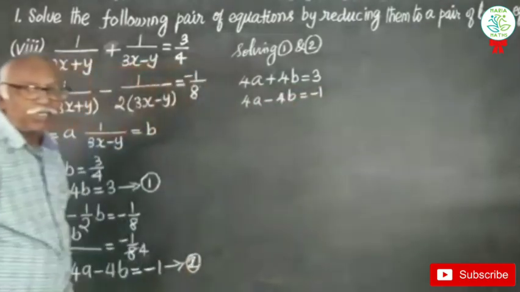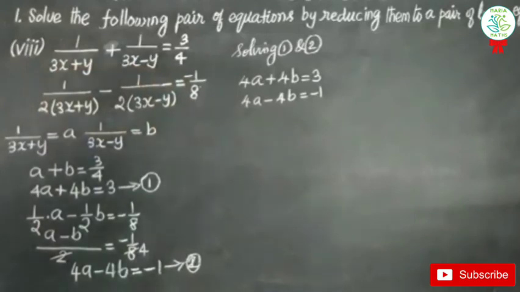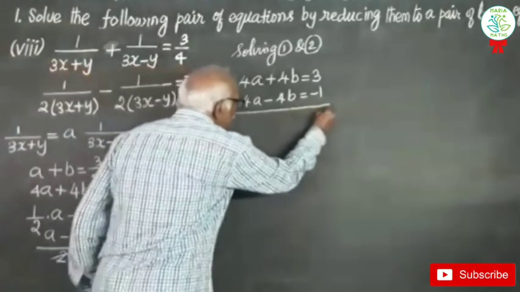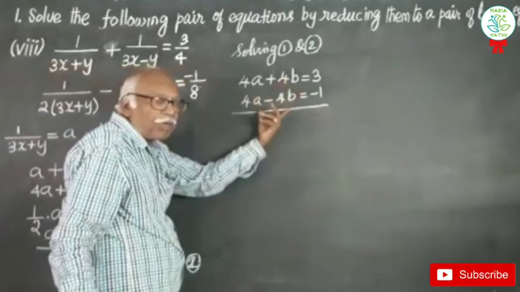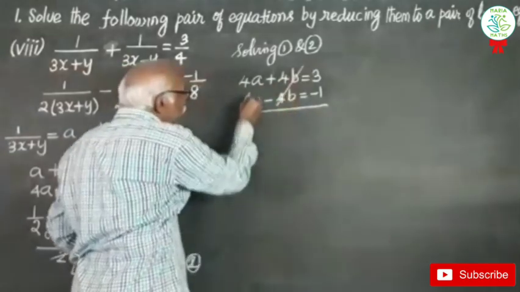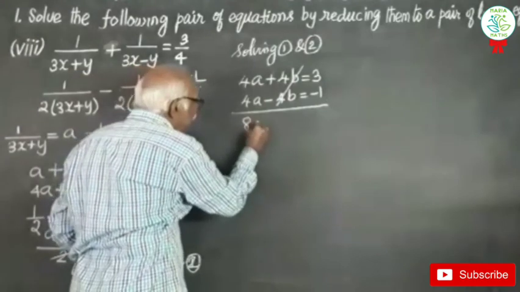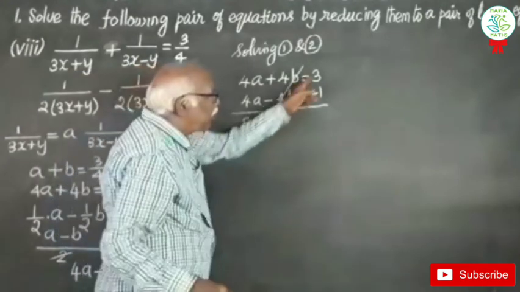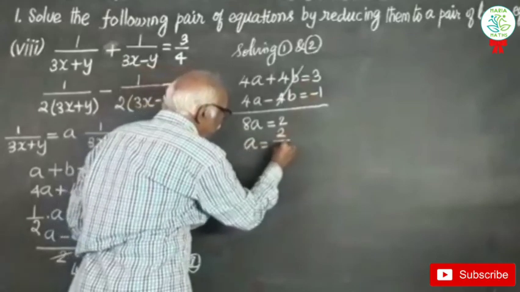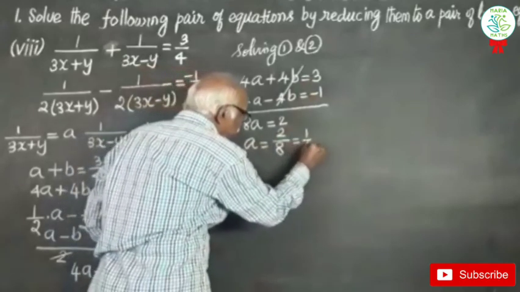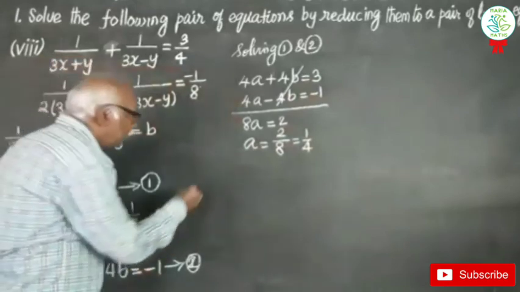Now the coefficients of b in both the equations are equal with opposite signs, so they cancel. 4a plus 4a, 8a. 3 minus 1, 2. a equal to 2 by 8 is equal to 1 by 4.